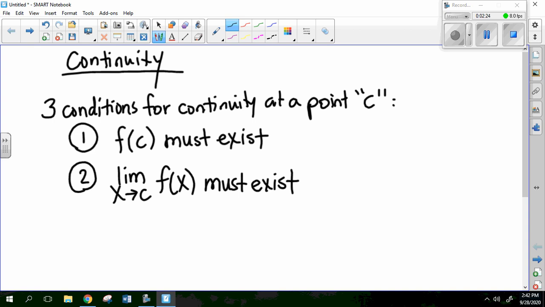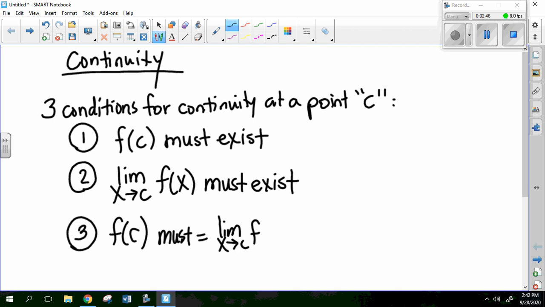But that's not enough, because they don't always line up. For a function to be continuous, they do have to line up. To show that, f of C must equal the limit as x approaches C of f of x.